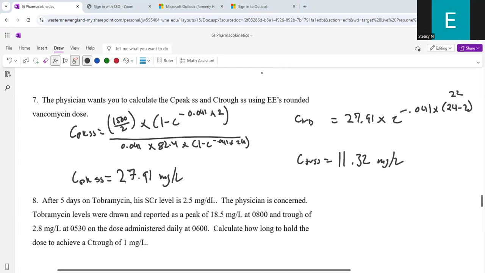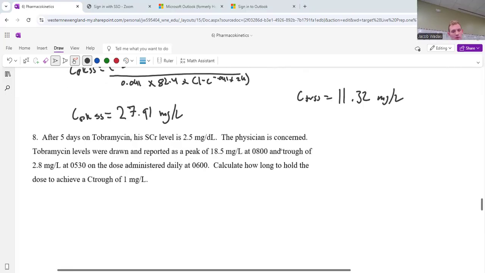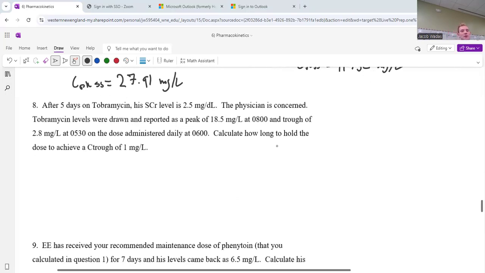All right, on to question number 8. After 5 days on tobramycin, his creatinine level is now 2.5 milligrams per deciliter.